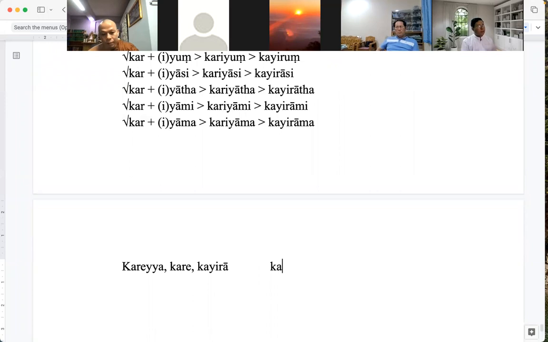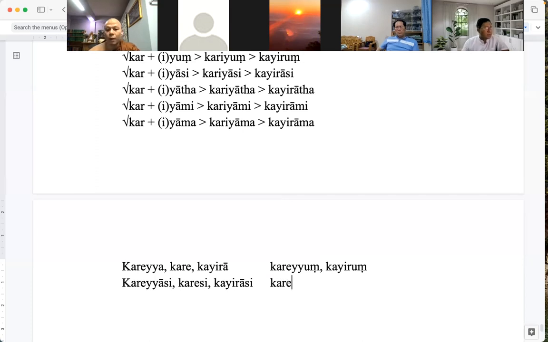And plural, kariyo, and the irregular form is kayiro. And then second person singular, regular form is kariyasi, and the contracted form is karisi, and the irregular form is kayirasi.